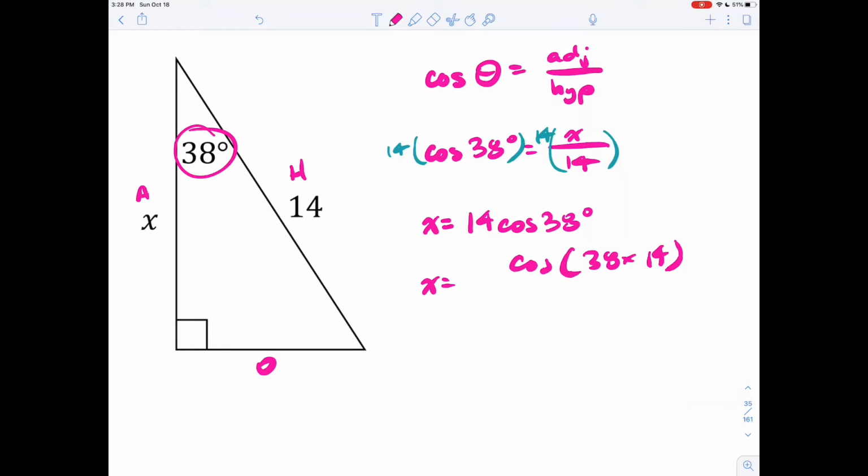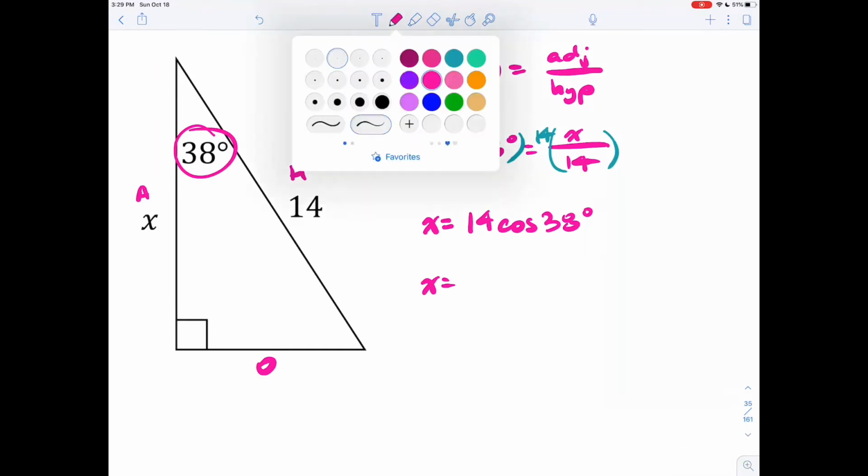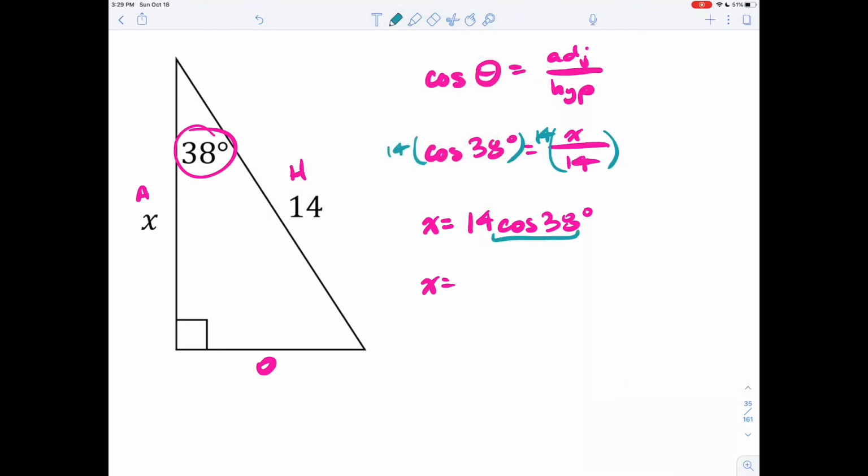It is attached to the cosine and it cannot be separated. So cosine of 38 is its own number and we're multiplying that number by 14, which in this case gives us 11.03, but to the nearest tenth, that's just 11.0.